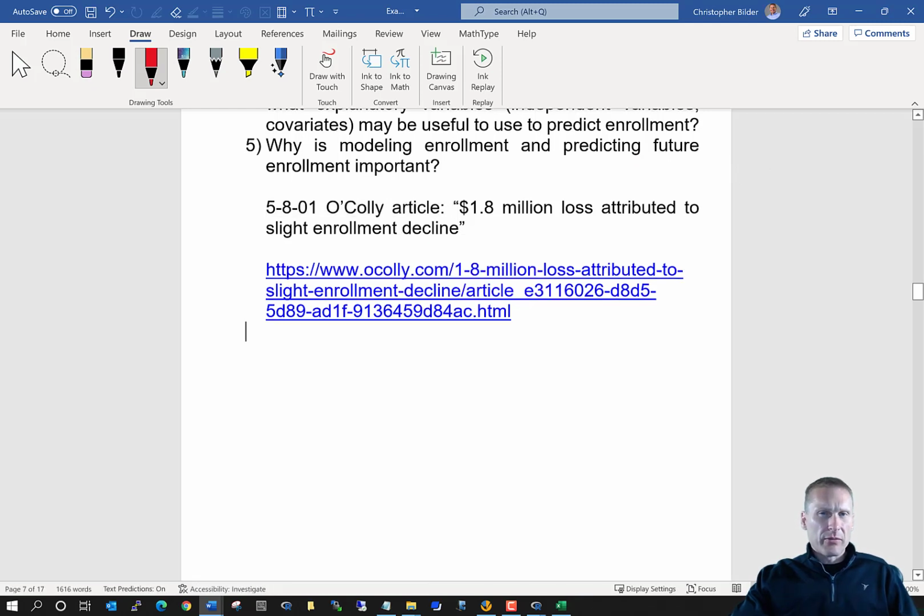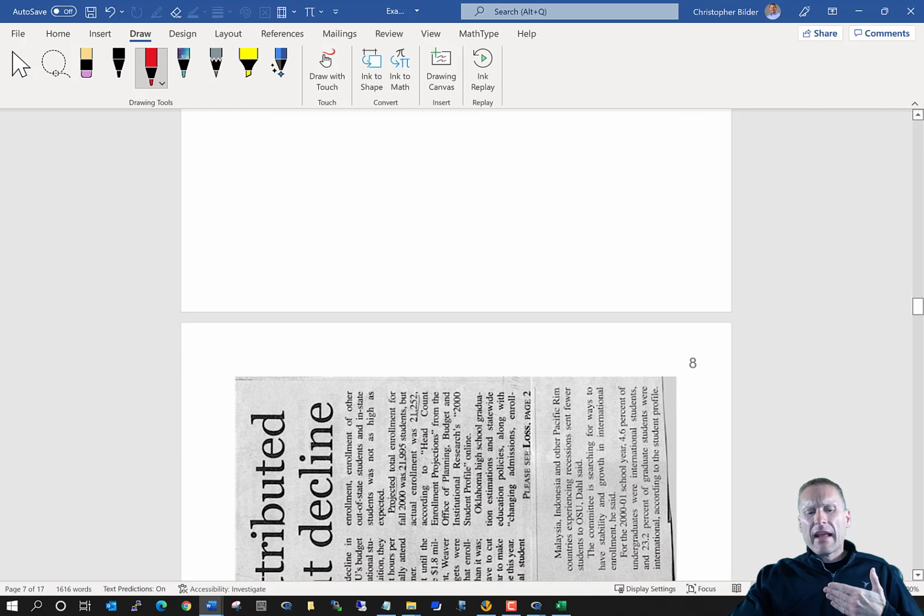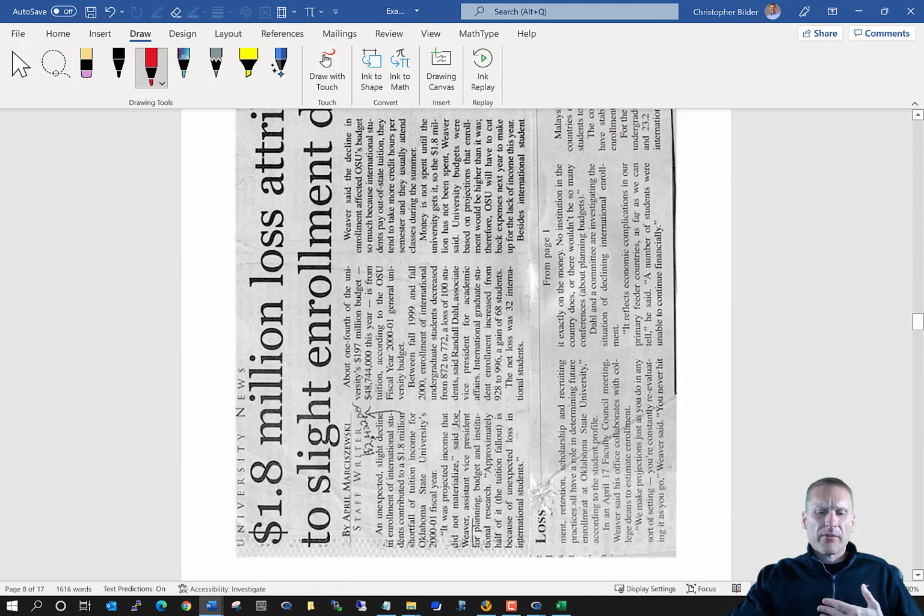This led me to explore this problem further. What I found out was that the OSU administration was using rather unsophisticated methods to do their forecasting. And as we will see later in this course, if one used the more sophisticated methods that we will talk about here, they could have done a better job.